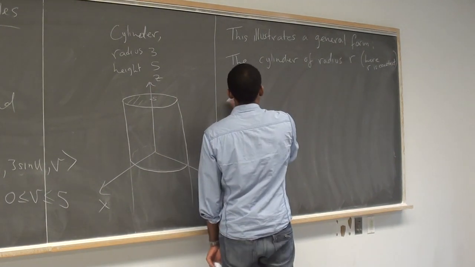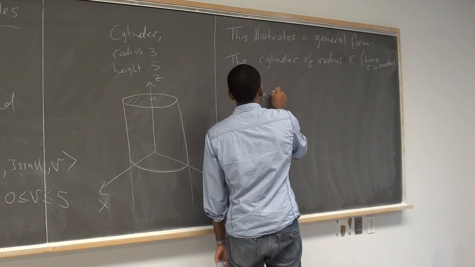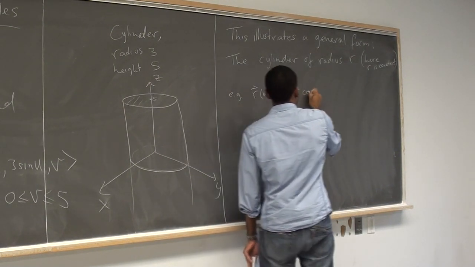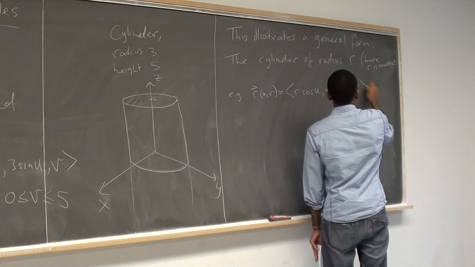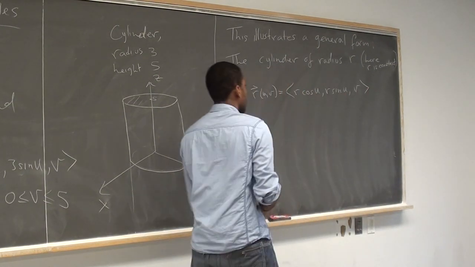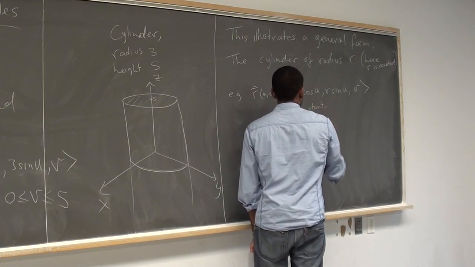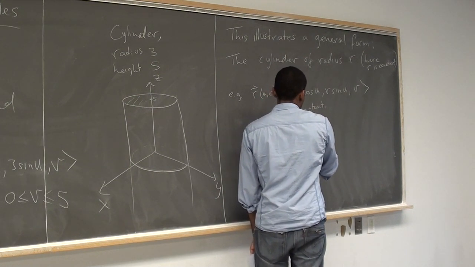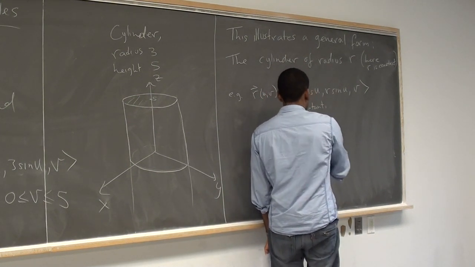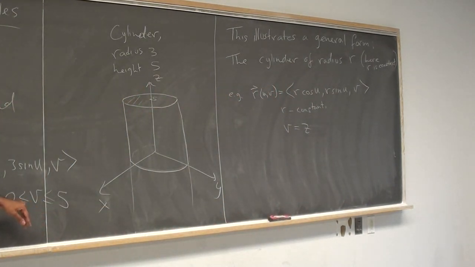So something like this would be, for example, r of u,v equals r cosine u, r sine u, and v. R is constant. V depends on z; v really equals z. So whenever I tell you a limit for v, I'm giving you a limit for z. It's really giving you the height.